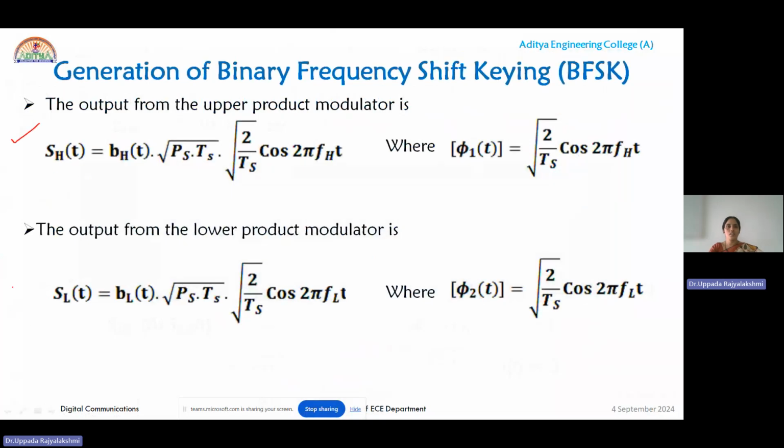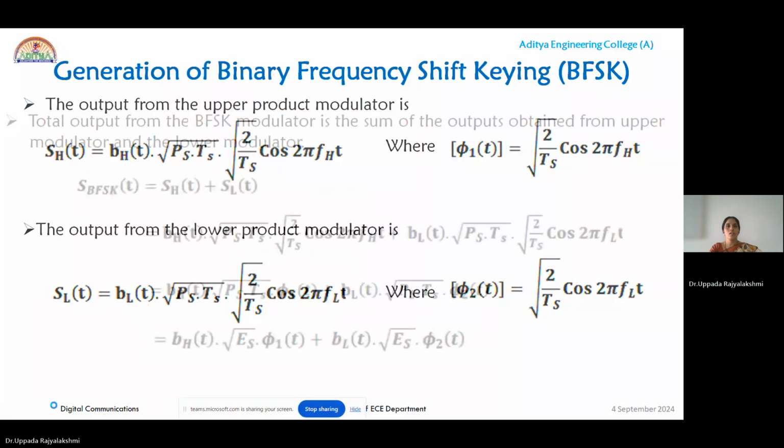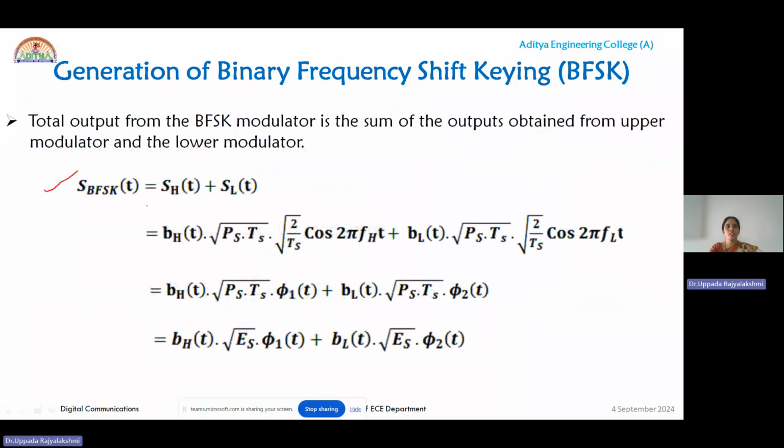These equations are the same expressions that we have observed from the block diagram. S_H(t) is B_H(t) into root P_S T_S into this whole thing, which is phi1(t). Similarly, S_L(t) is B_L(t) into root P_S T_S multiplied by phi2(t). So overall, the BFSK signal is the sum of S_H(t) and S_L(t).